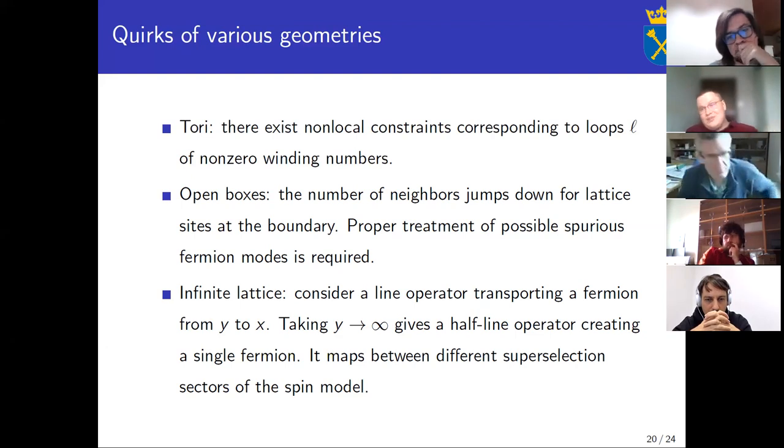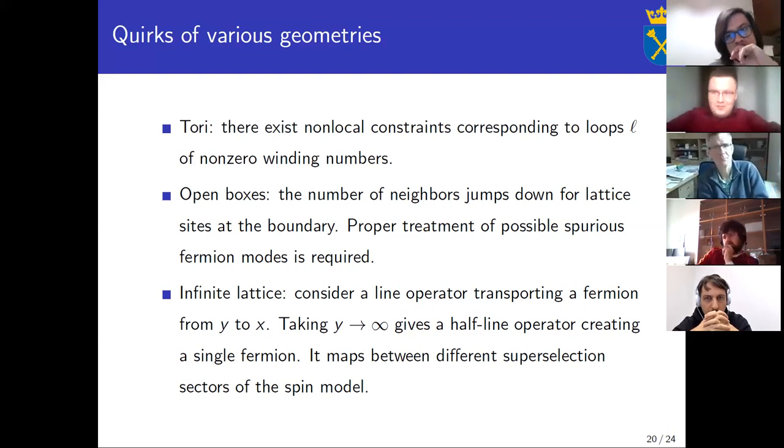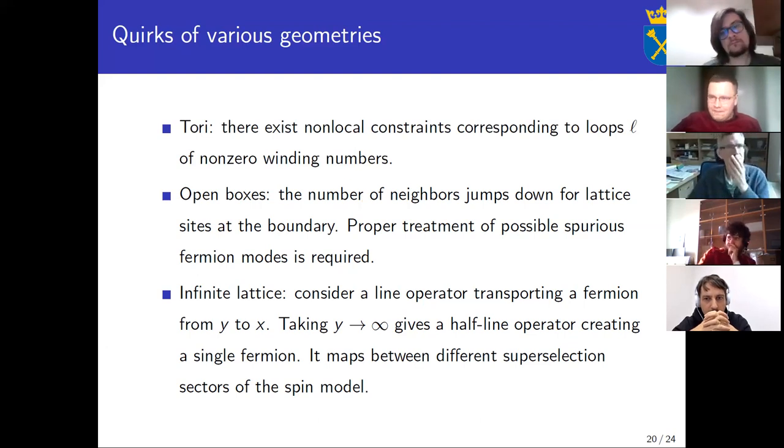So then you get some string operator, which is an infinite product of some spin operators. First of all, it is not obvious what it means, because maybe it's ill-defined. I don't want to go into gory operator algebraic details, but there is a way to make sense of such a thing.